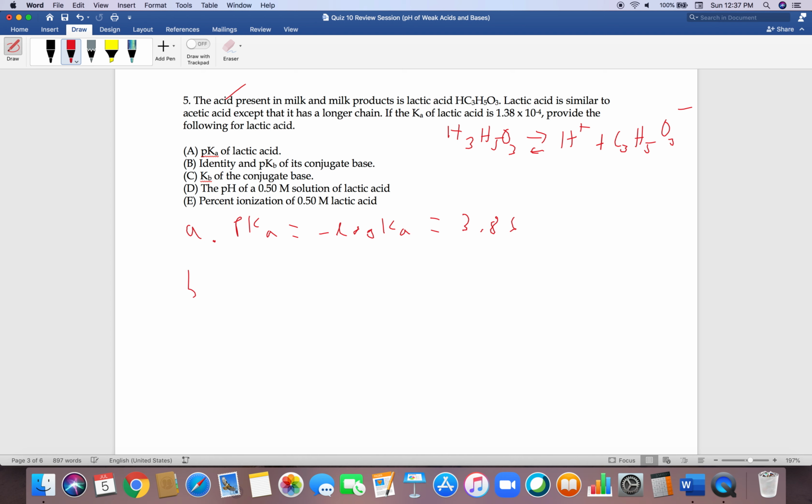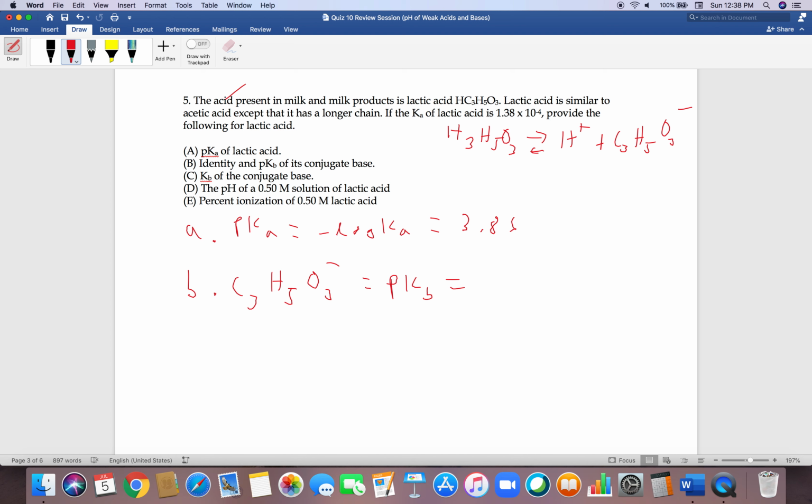In part B, we're asked to find the identity of the conjugate base, and that would be C3H5O3 minus, and the pKb would equal, well, we should actually find the pKa first. So the pKa is 3.86.